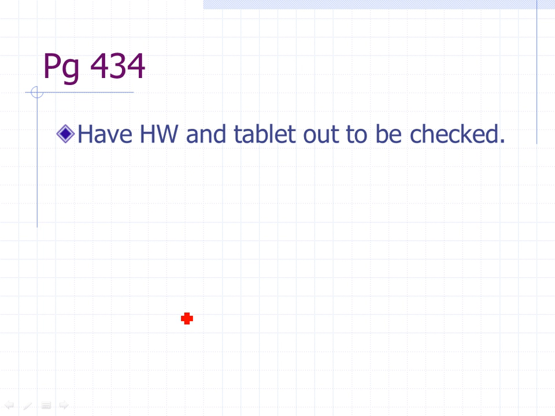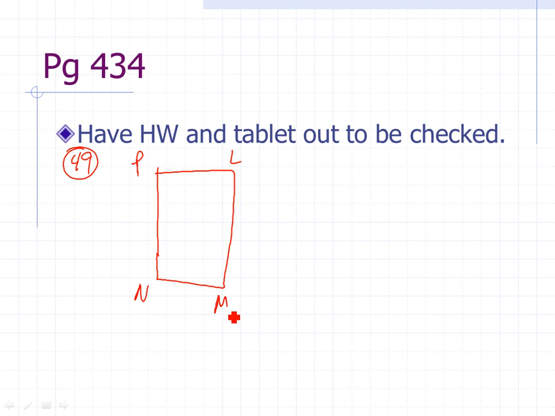49. So they're telling us that's a rectangle, then they stuck this triangle on the side of it just to try to make it a little tougher on you.